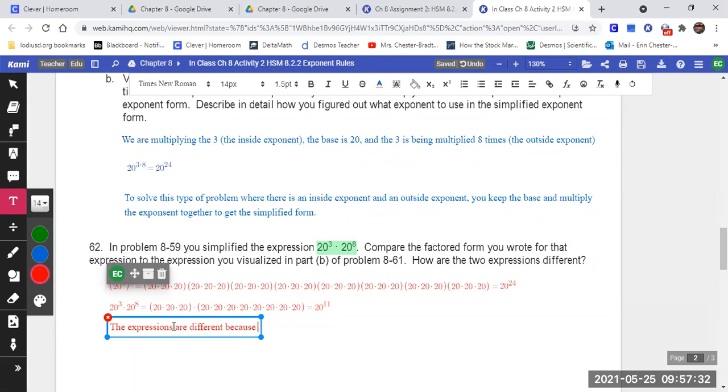That's one way they're different, right? So how could we describe the difference in their structure? Don't just focus on the number, focus on the structure.